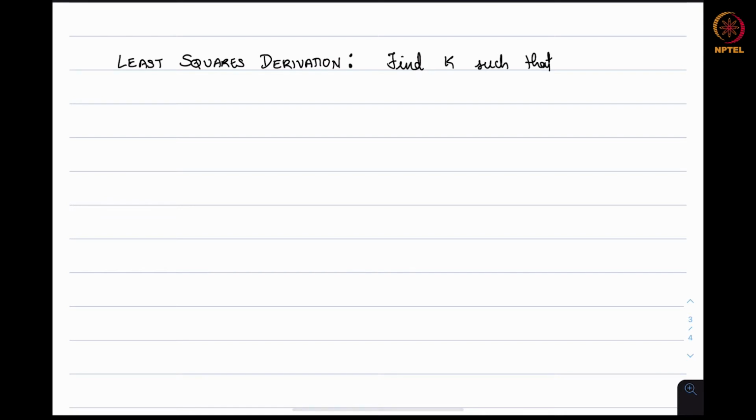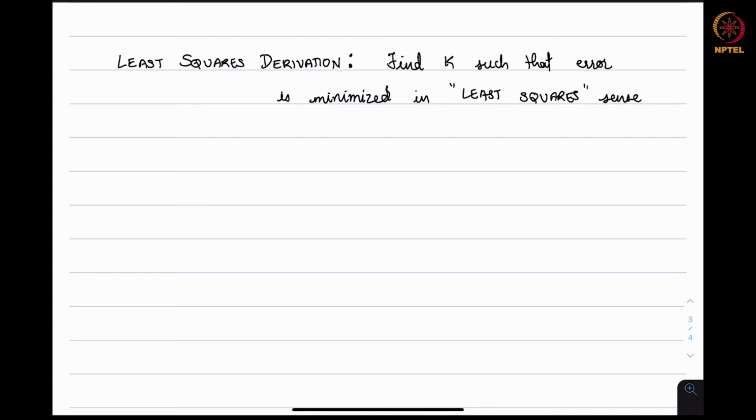So the aim of the Kalman filter least squares derivation: find K such that the error is minimized in the least squares sense.